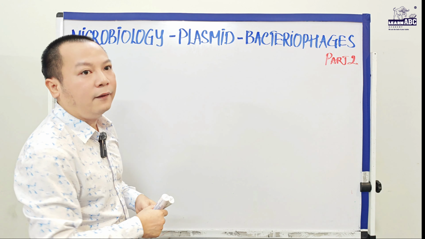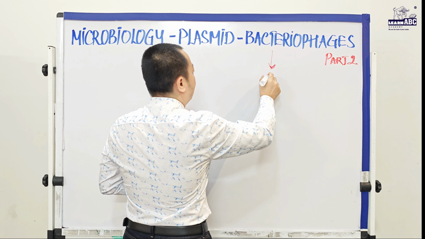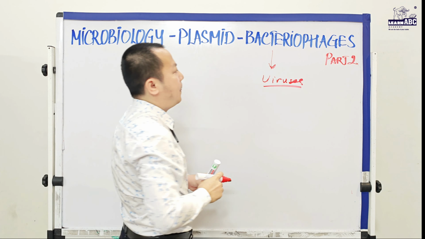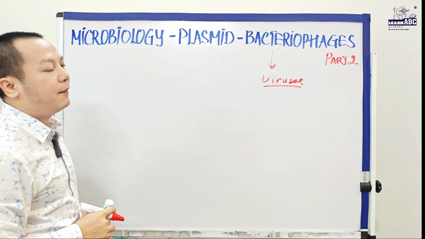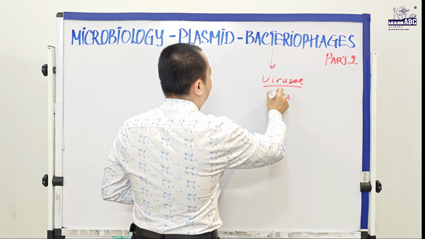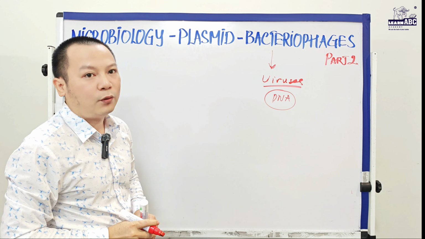A bacteriophage is one type of virus. Viruses have DNA, but remember, a virus is not an organism. Why?